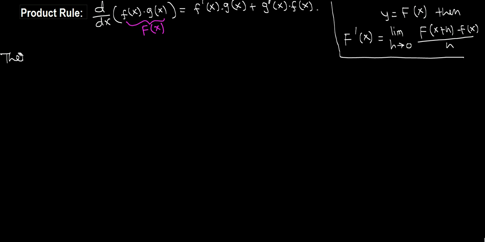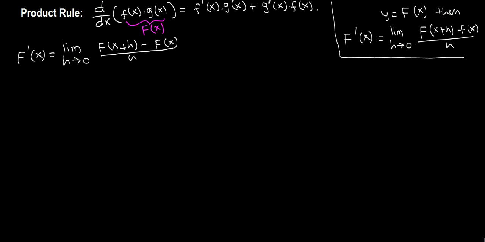Then in this case, using the definition, the derivative F prime of x, or we could have written d over dx of F of x, is given by the limit as h goes to 0 of F of x plus h minus F of x over h.